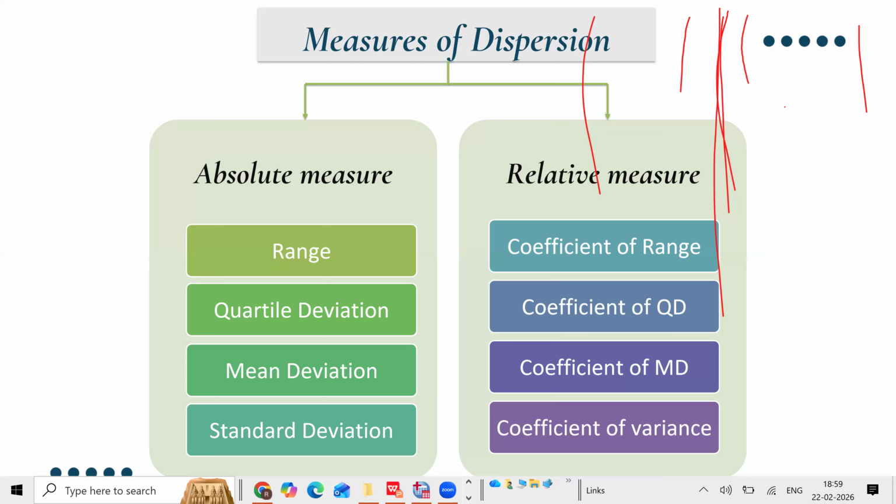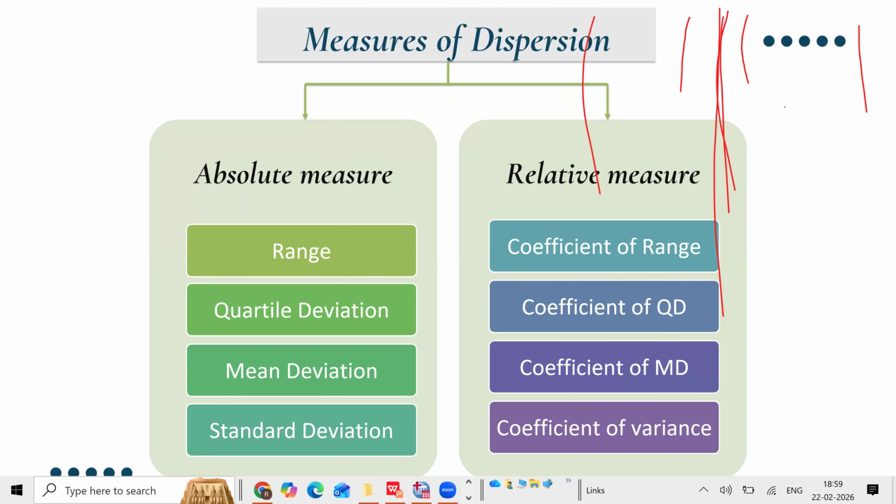That means, with respect to that central value, how the other observations are situated, how they are distributed, how scattered they are. To understand that, we need to compute measures of dispersion. Out of the measures of dispersion, we have two broad categories: one is the absolute measure and another is the relative measure.